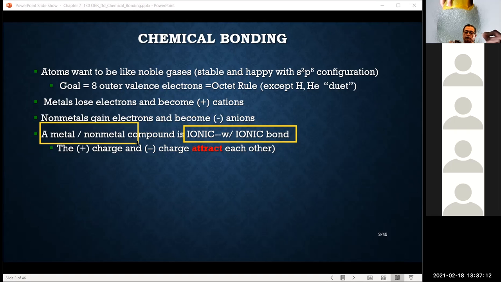So when you have a metal combined with a non-metal, you have what is called an ionic bond. A good example would be sodium chloride, good old-fashioned table salt. Sodium is a metal. Chloride is a non-metal. It could be any other, lithium chloride, potassium chloride, iron chloride, any metal. That is an ionic bond.